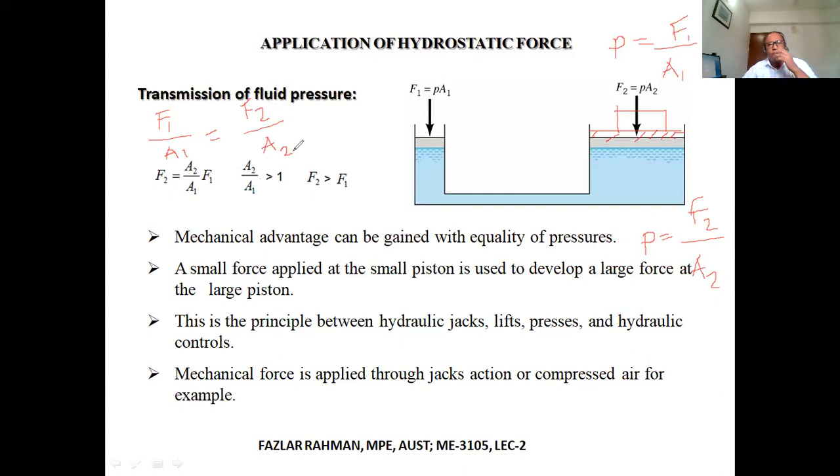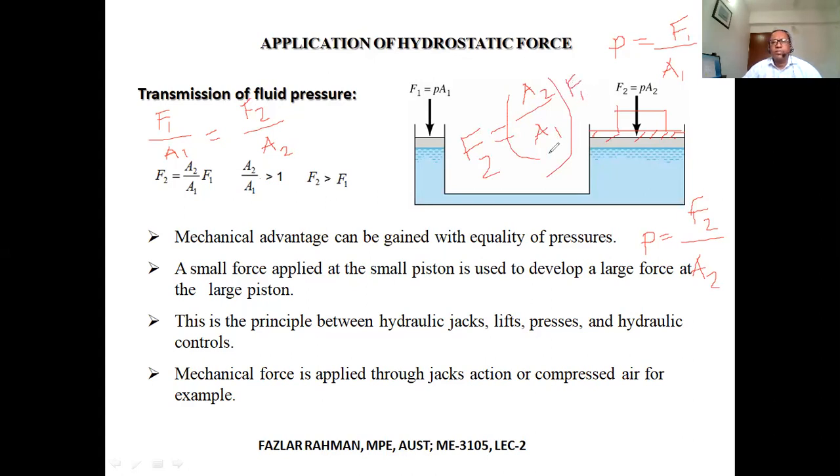Now you see we apply a small force F1, and we'll see what the magnitude of force on the right side will be. From here, if you figure out the value of F2, then F2 equal to A2 divided by A1 into F1.